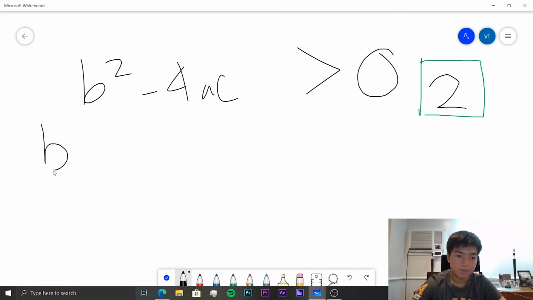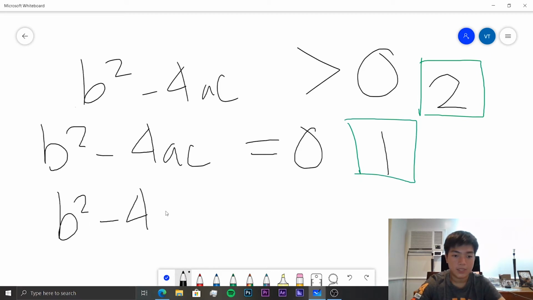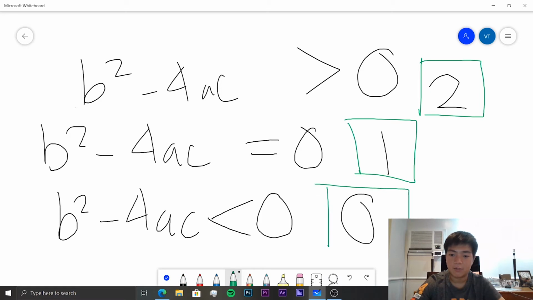If b squared minus 4ac equals 0, then the square root of it will just be 0, so there will only be one real root. And finally, if b squared minus 4ac is less than 0, then there will be 0 real roots, since you cannot get real values for the square root of a negative number.